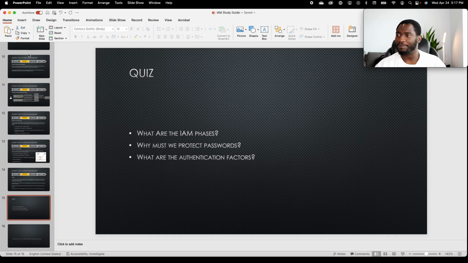We must protect passwords because not protecting passwords enable unauthorized individuals to have access to resources. What are authentication factors? The authentication factors that we discussed earlier are the something you have, something you know, somewhere you are, or something you are.